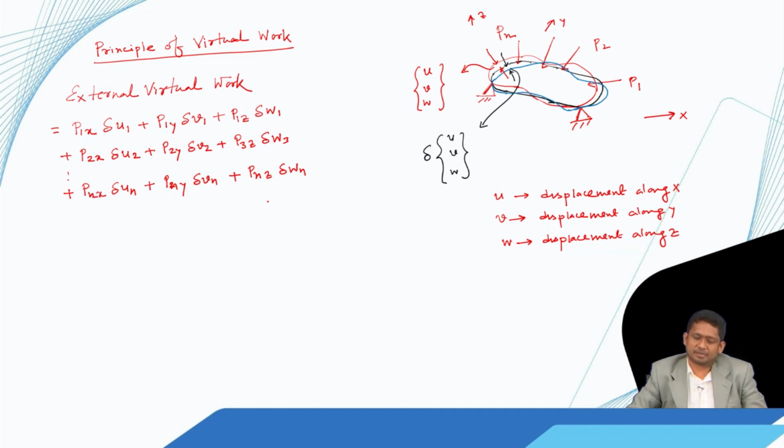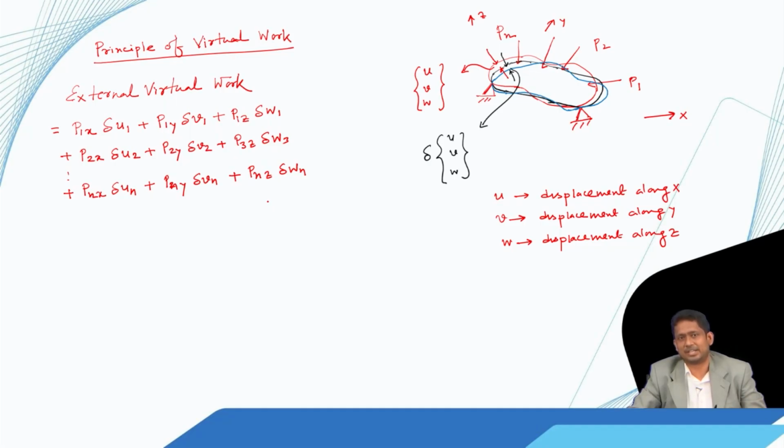Now, during the virtual displacement there can be additional strain also, and that we call virtual strain. That corresponds to some internal work also. There is a stress when the body is in stable equilibrium in the deformed shape under the action of the external forces and also with the boundary conditions.